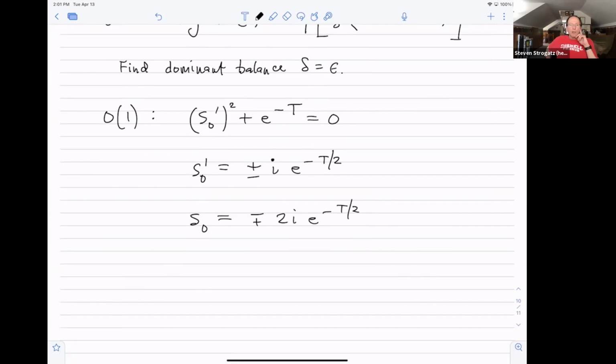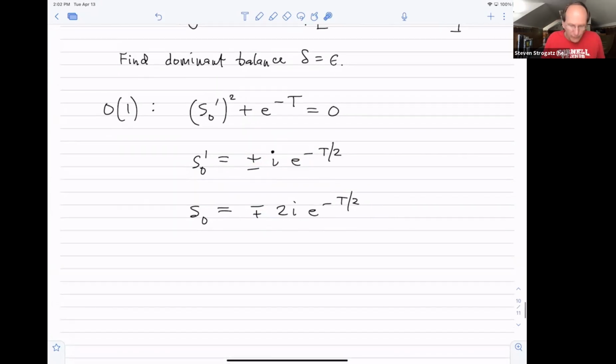The reason I said minus over plus is to account for the behavior of this negative sign up here in the exponent, meaning that the plus of this one corresponds to the minus of the S0. So anyway, there's my S0. I could write plus constant, but I'm not going to need it, because we all know how the constants are going to appear in the end anyway. So let me just circle this. This is my S0 as a function of time.